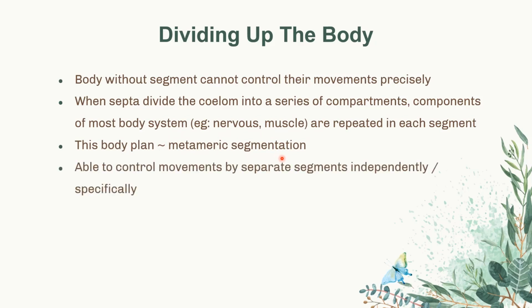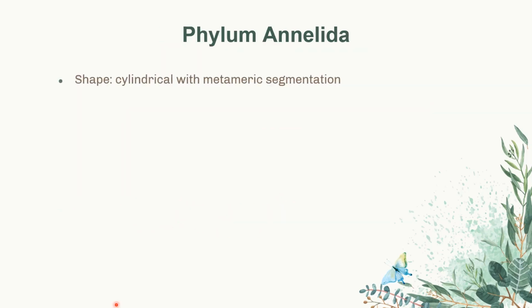This enables it to control body movement by separate segments independently and specifically. That's why phylum Annelida are segmented worms. The characteristic of phylum Annelida is a cylindrical shape with metameric segmentation. That is the unique part of phylum Annelida.